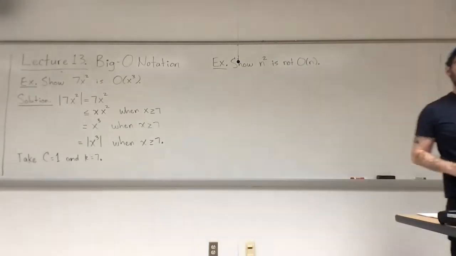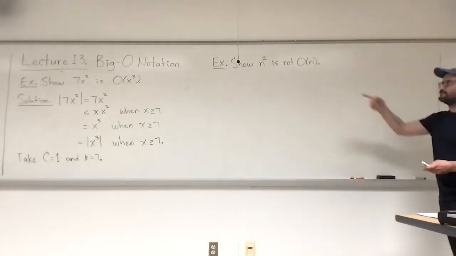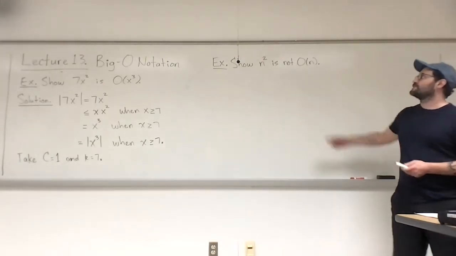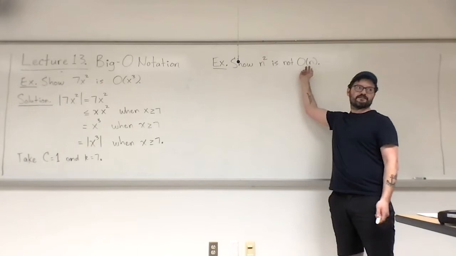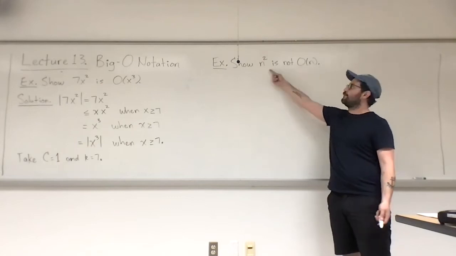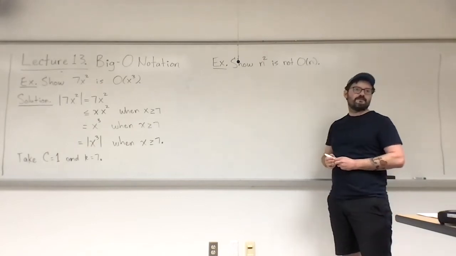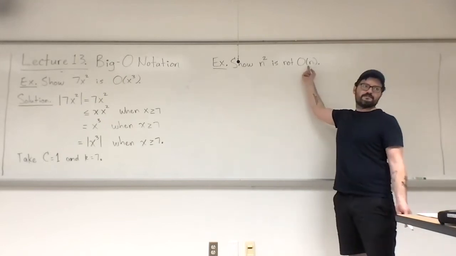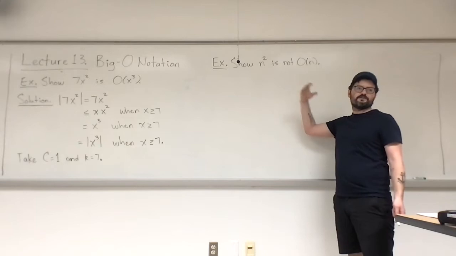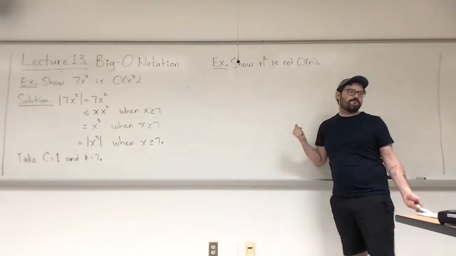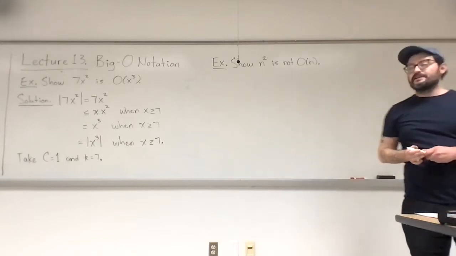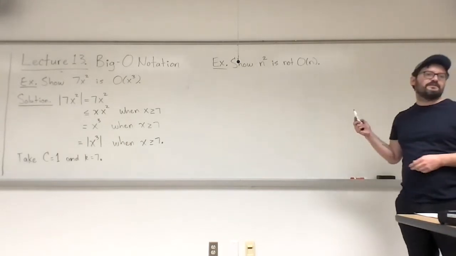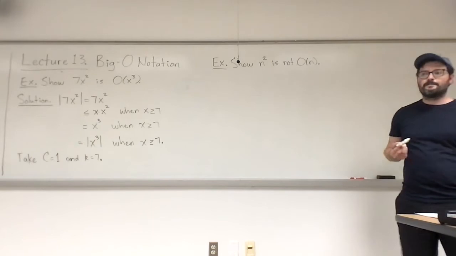Surely this one would make immediate sense, right? There's no constant that's going to save this from falling behind, because this is n times n, and for any constant times n, as soon as n is larger than that constant, n squared is going to be bigger, right? And that actually points to how you would show this. You would assume by contradiction that it is big O, and then get a fallacy.